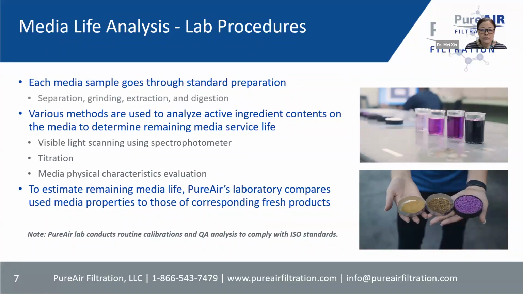We also apply different methods to analyze the active ingredient contents of the sample to determine remaining media life. Some of the tools include visible light scanning using a spectrophotometer, and we use titration. We also evaluate media physical characteristics to compare different media, so we can come up with a comprehensive report.